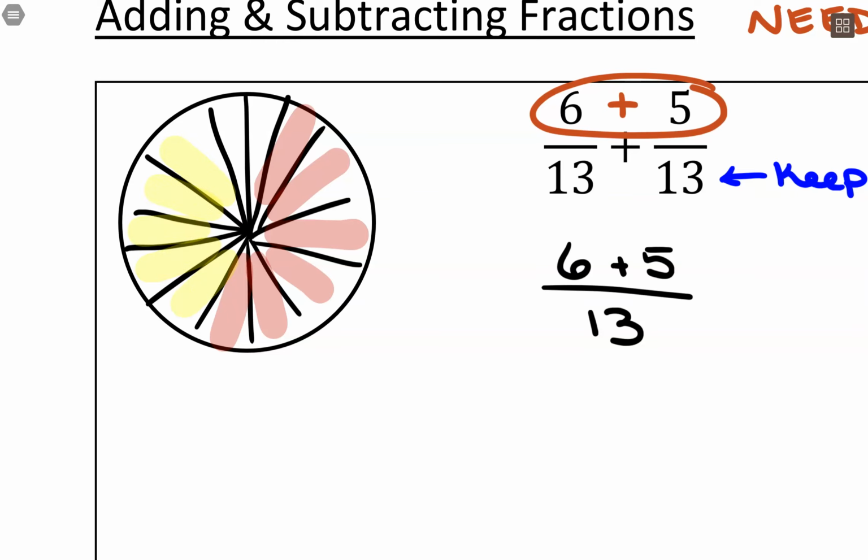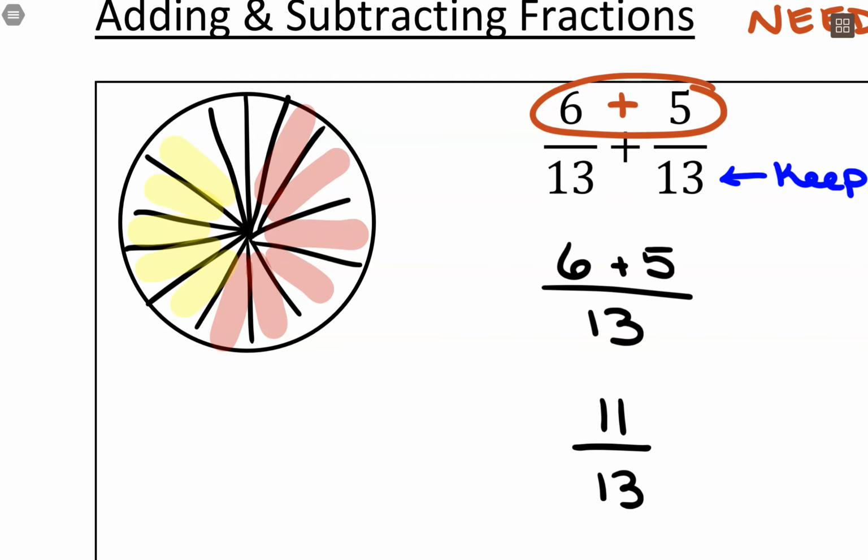So the idea being is we're still working in 13ths. That's still our whole here. We still have the same whole that's divided up in 13ths. But now what we have is a total of 11 pieces. So that's where we add the numerators together and then keep the denominator of 13.